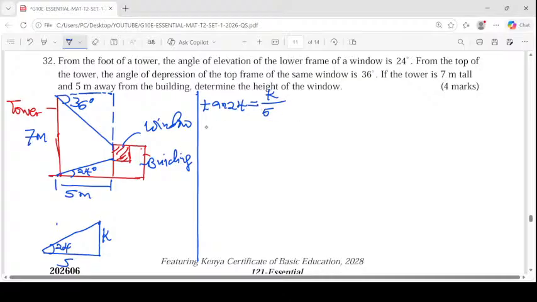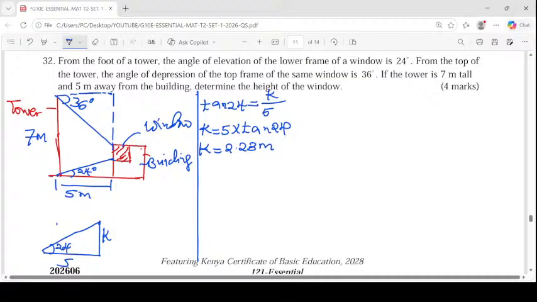So k is given by 5 times tan 24. When you take 5 times tan 24, you exactly get 2.23. 2.23 meters. That is the value of k.